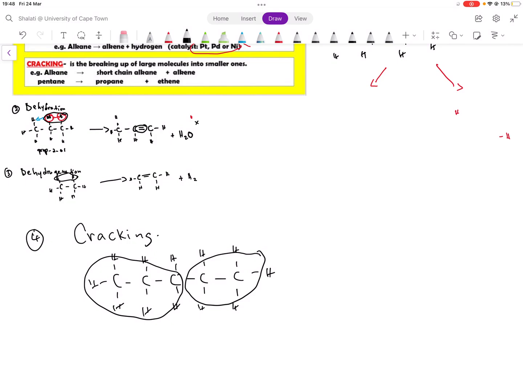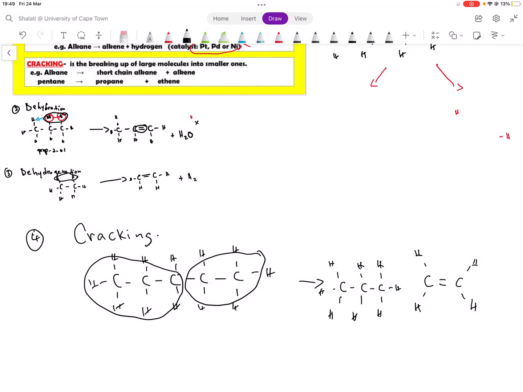You're gonna form an alkane and an alkene. So in this case, our alkene is gonna be ethene. So a double bond, hydrogen, hydrogen, hydrogen, hydrogen, and then the propane is 3 carbons. 1, 2, 3, 4, 5, 6, 7, 8.